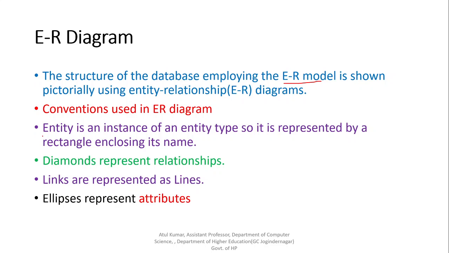An entity is basically an instance of an entity type. To represent an entity in the ER diagram, it is represented by a rectangle enclosing its name. So an entity is always represented with the help of a rectangle.